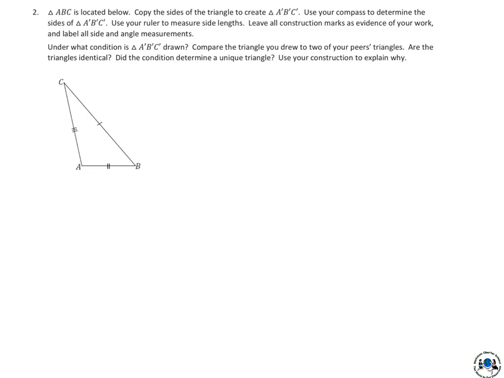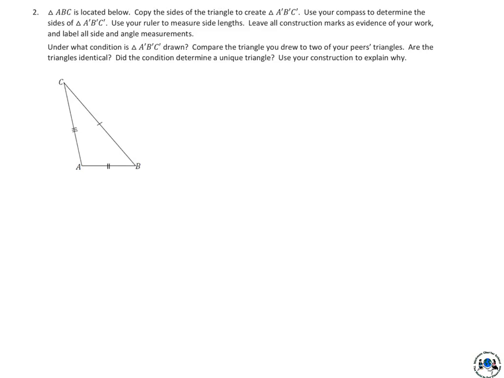Okay, so triangle ABC is located below. There it is right there. What they're saying is copy the sides of the triangle to create triangle A prime, B prime, C prime. Use your compass to determine the sides of triangle A prime, B prime, C prime.